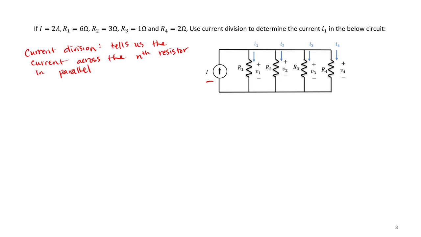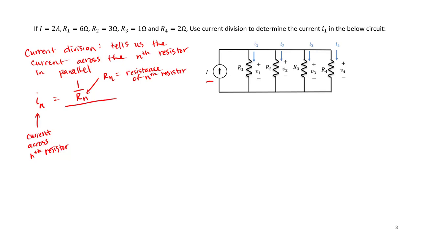And the current division equation tells us that the current across the nth resistor is equal to 1 over Rn, where Rn is the resistance of our nth resistor, and we divide that by the sum.